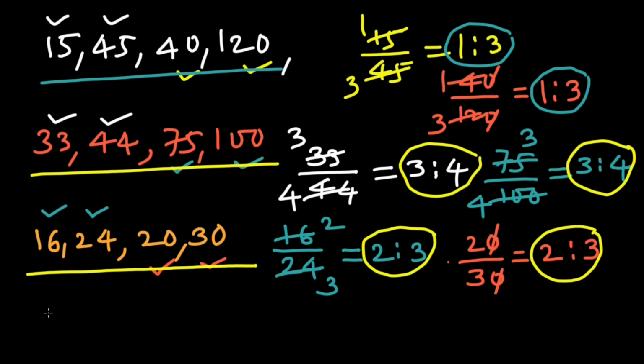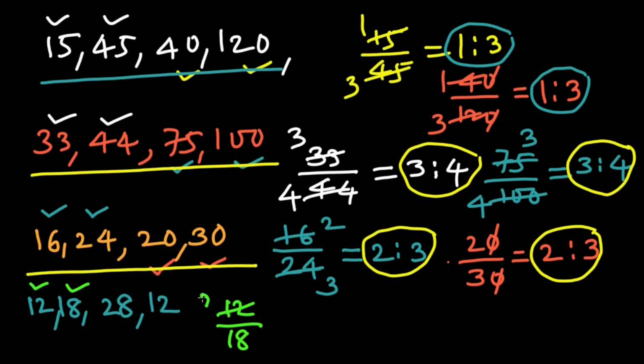And what about 12, 18, 28 and 12? The ratio of first two, 12 ratio 18 will be 6 twos are 12, 6 threes are 18, which is 2 ratio 3.